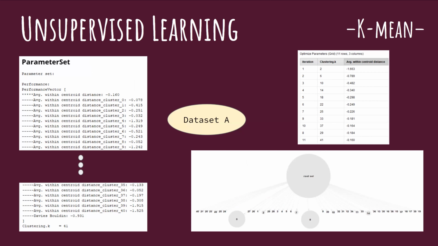As you can see right here, data set A returns k equal 41.